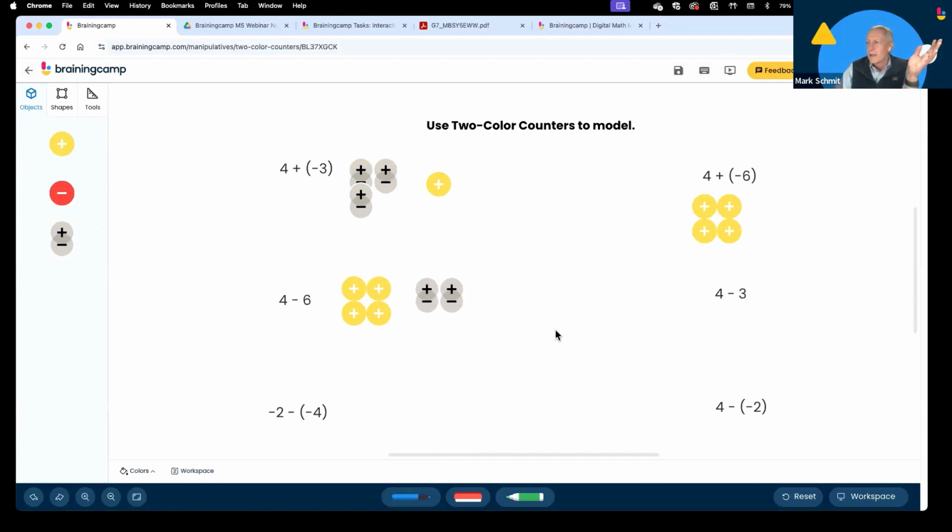Those zero pairs, with their sum being 0, are not changing the value, because we know that anything plus 0 is that anything. But I do need to break these so that now I can take away my 6. I'm not going to take it away just yet. I'm going to move that up here because I want to go over to this one over here, 4 plus -6. Now I'm going to add -6.